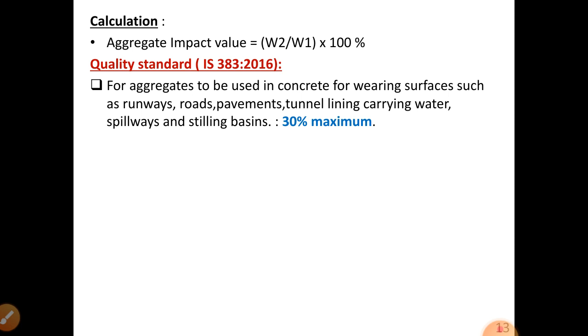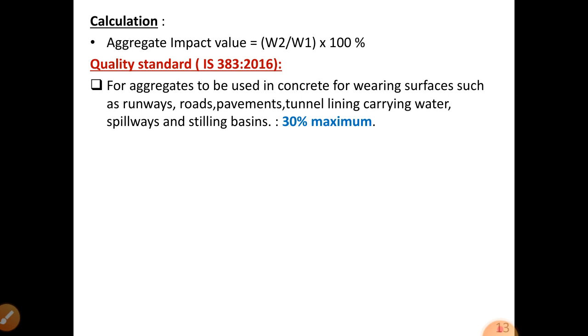That means for aggregates which are used for road construction, the maximum impact value should be 30%.